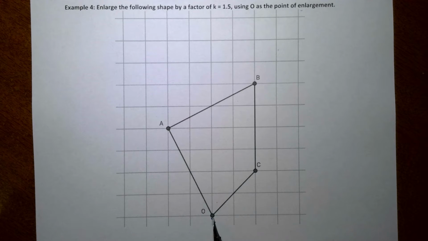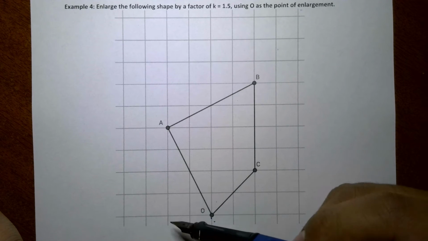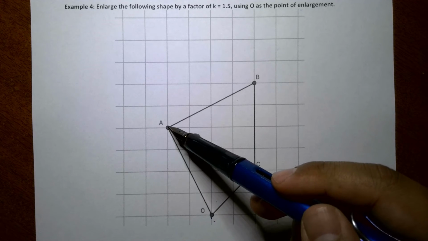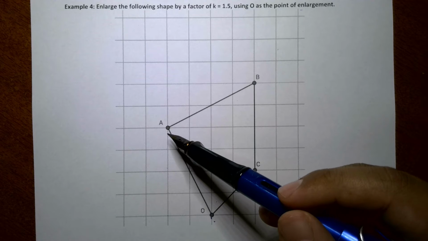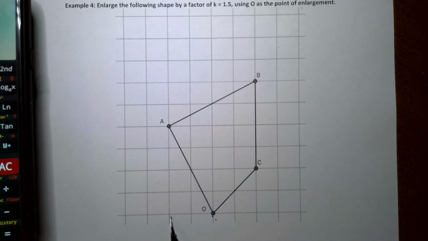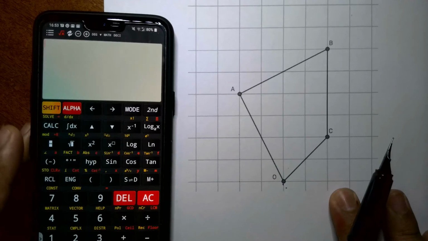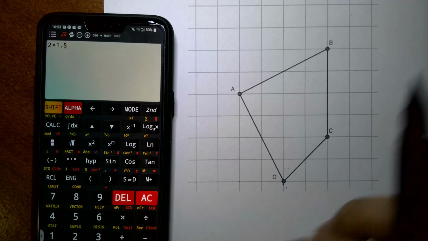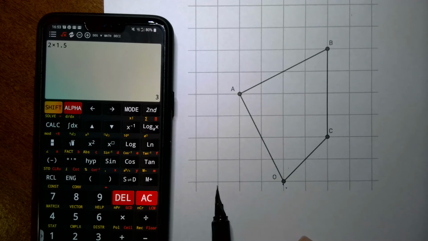So let's look at the distance from O to, let's start with A. From O to A, it is 2 across, 1, 2, and then how many spaces up? 1, 2, 3, 4 spaces up. So if it's 2 across, we're going to multiply that by 1.5. So 2 across becomes 2 times 1.5. That is 3 across.